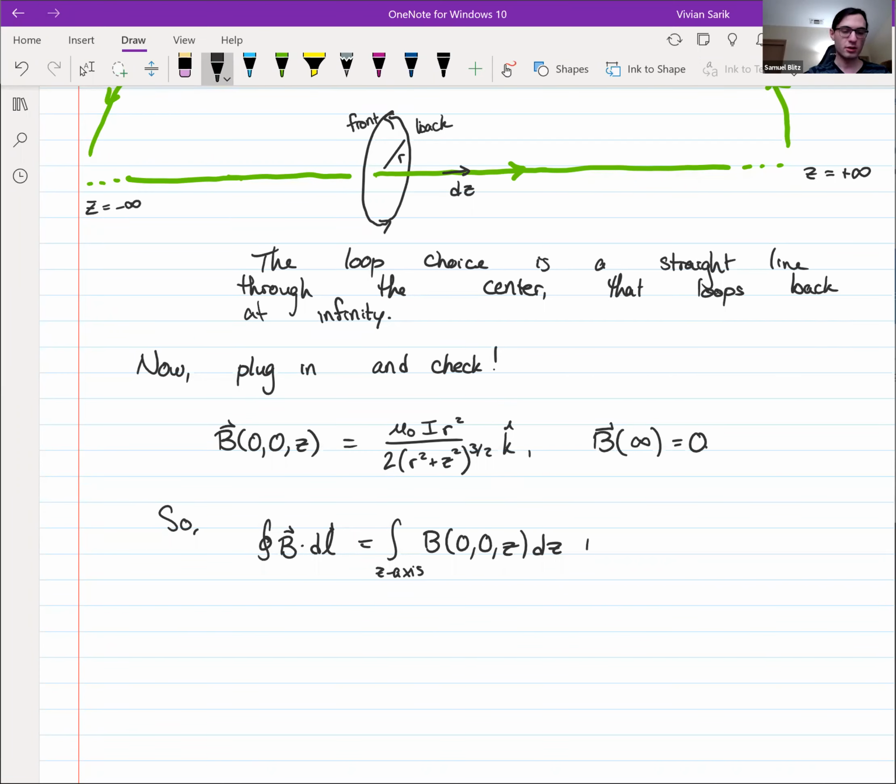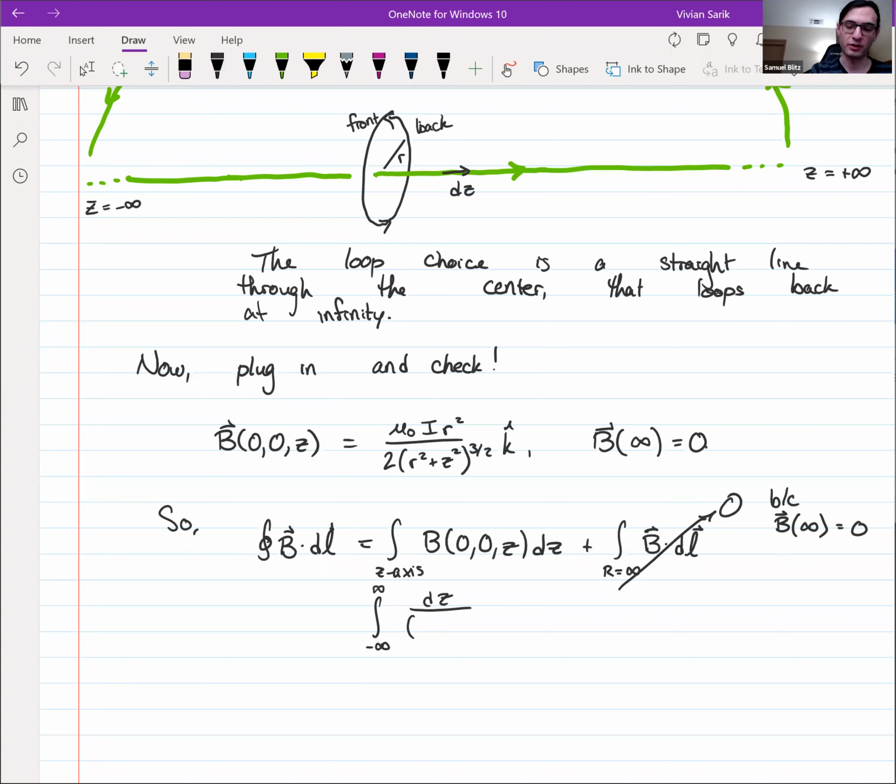Plus an integral at infinity of B dot dl, because you can break up any loop into a combination of its segments. And this term is 0 because the magnetic field is 0. All we're left with is an integral over the z-axis from minus infinity to infinity of dz.